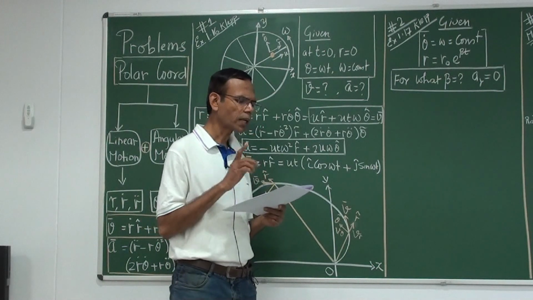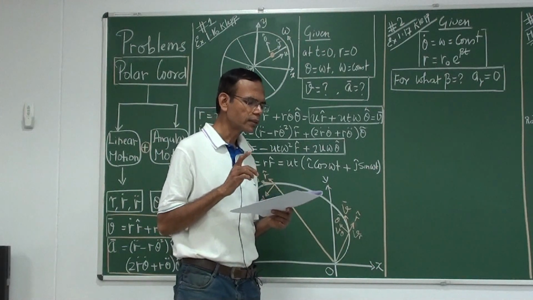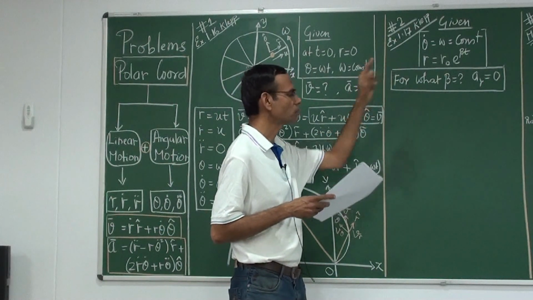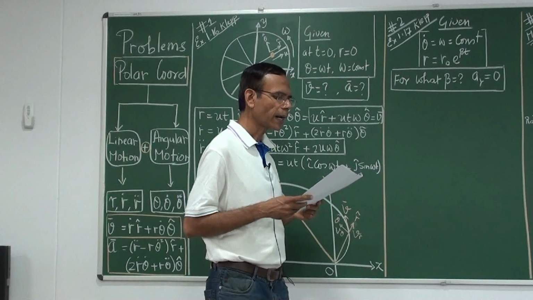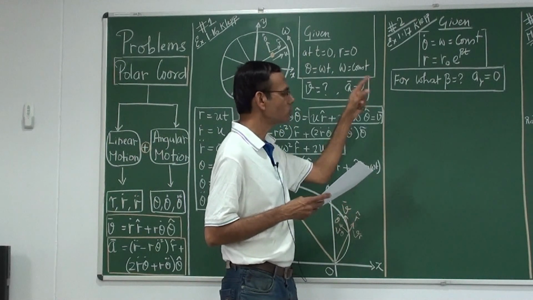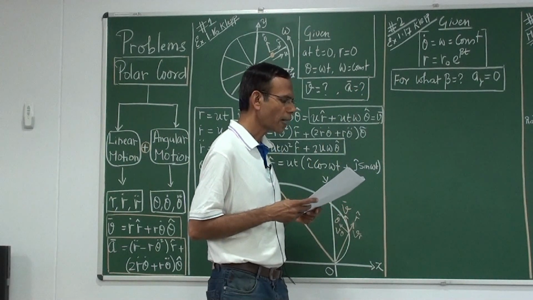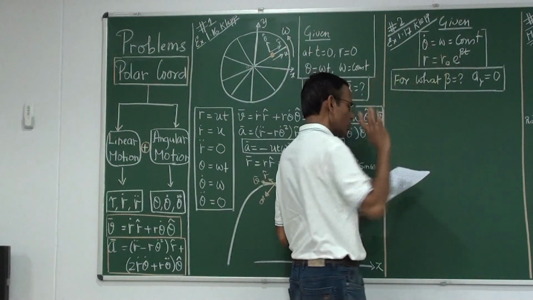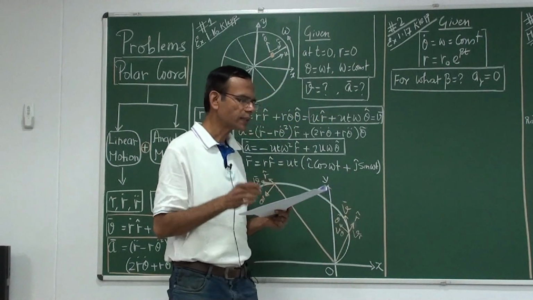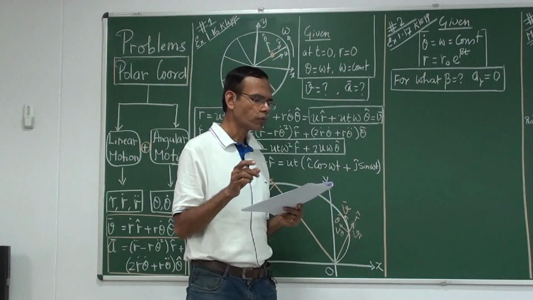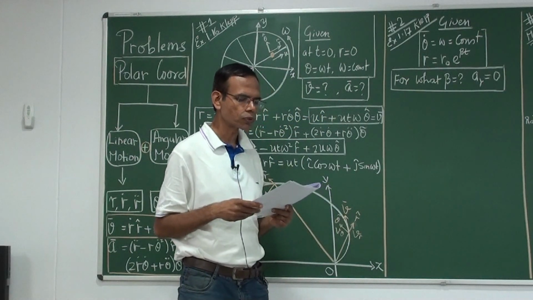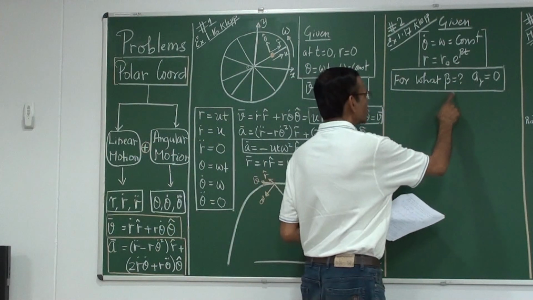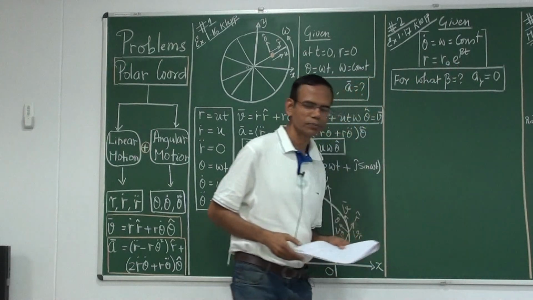The question says a particle moves with theta dot equal to omega equal to constant, and r is r0 e to the power of beta t, where r0 and beta are constant. Find the value of beta for which the particle moves with ar equal to 0. For what value of beta is ar equal to 0?